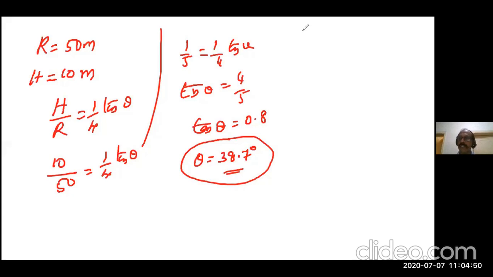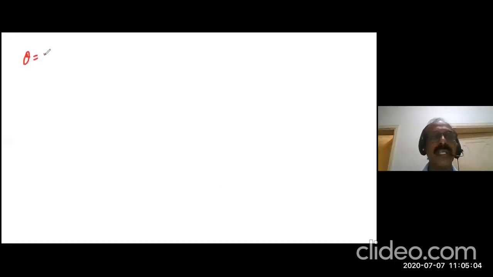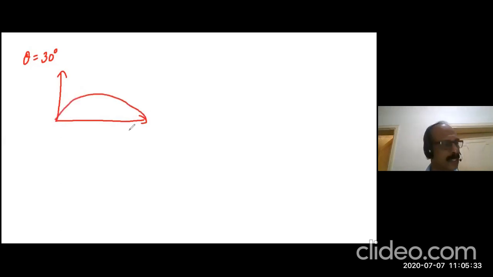A bullet is fired at an angle of 30 degrees with the horizontal and hits the ground 3 kilometers away.